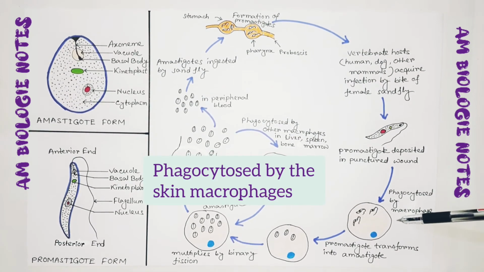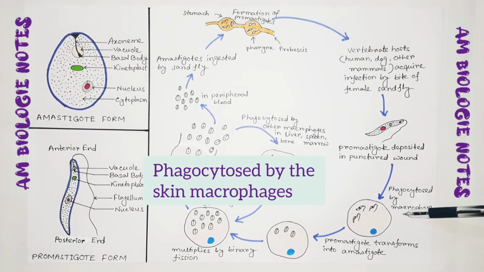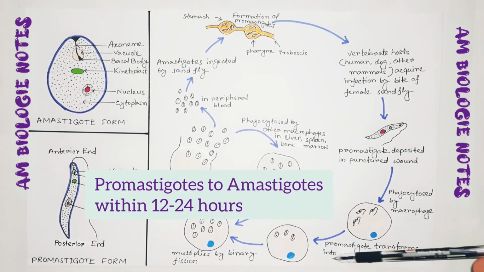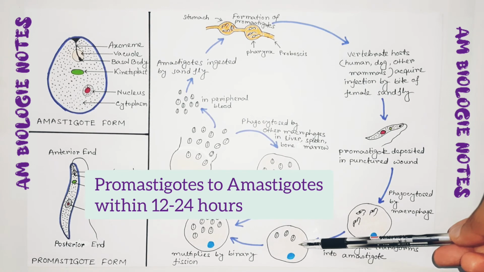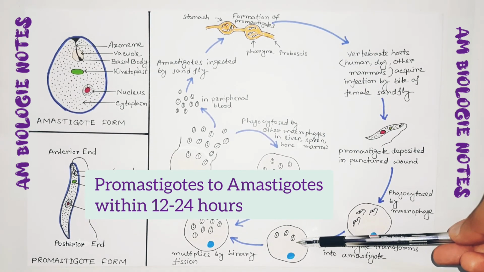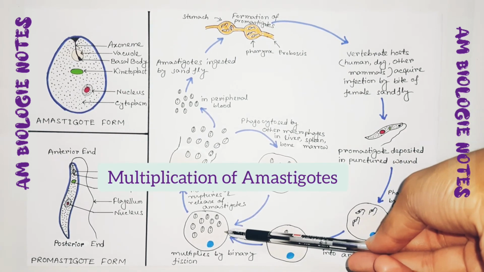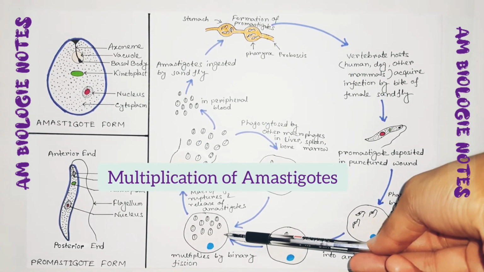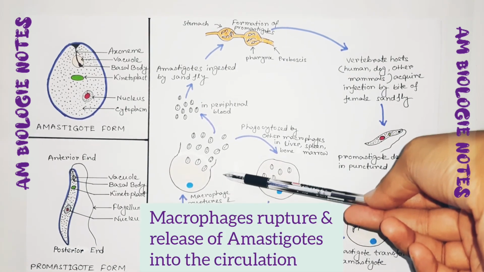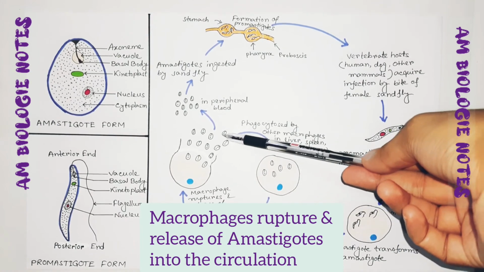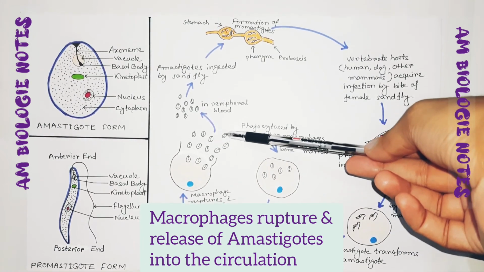Promastigotes are then phagocytosed by the skin macrophages. Next, promastigotes transform into amastigote forms within 12 to 24 hours. The amastigotes then multiply in number inside the macrophages. Then the macrophages rupture and release amastigotes into the circulation.